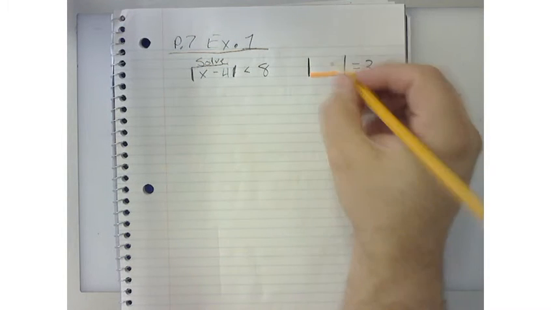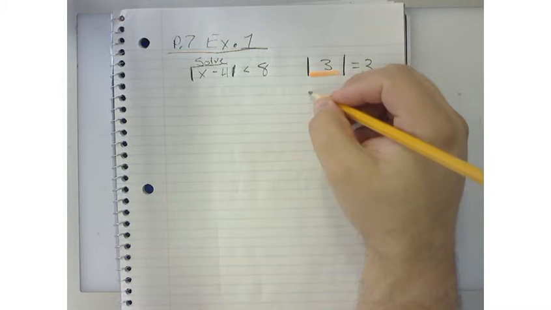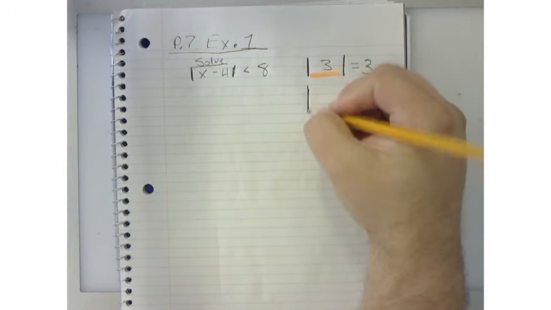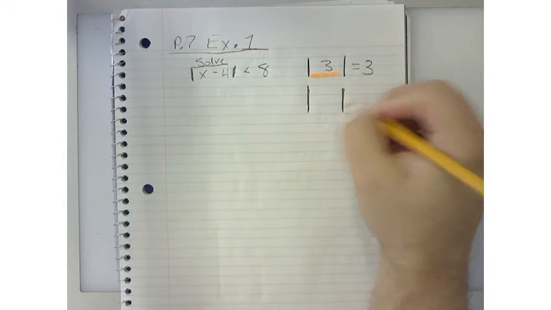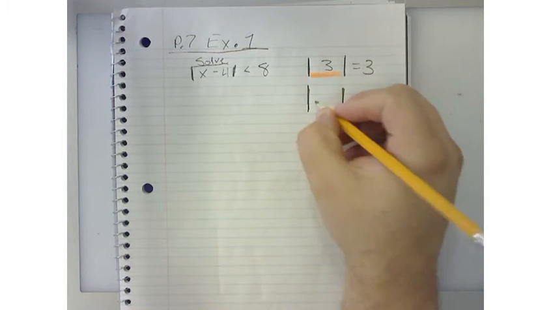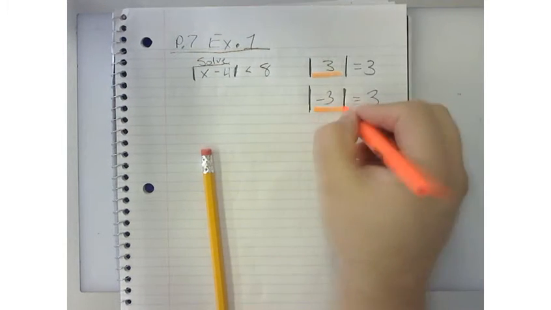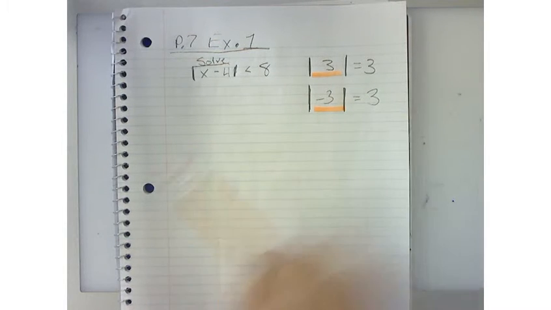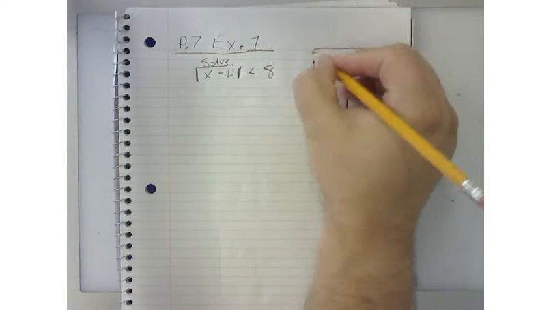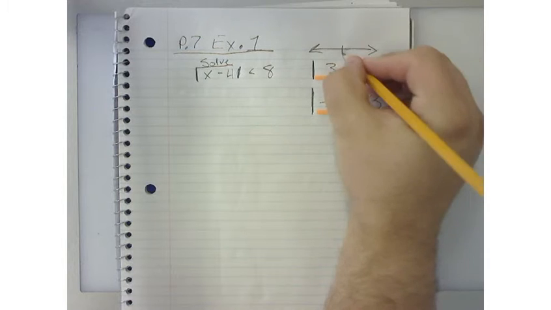Well, we all know that I could plug in 3, right? But isn't there another thing I could plug in there? -3. So I have 2 values that I could plug in. Here's my 0.